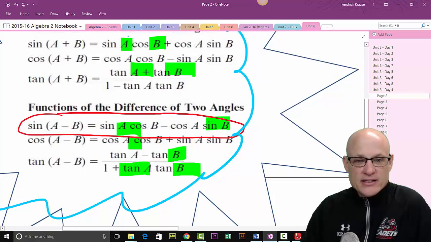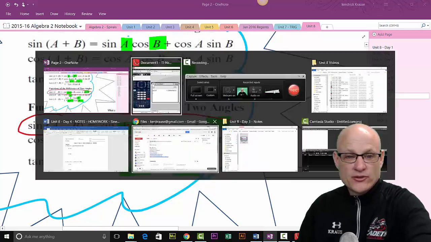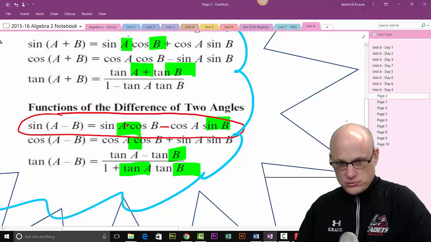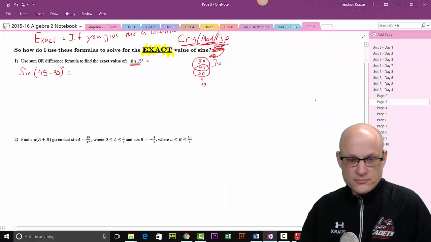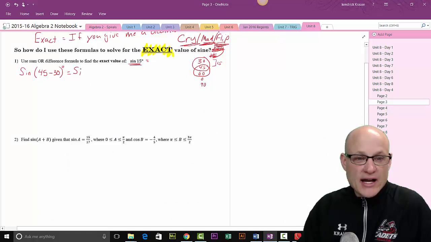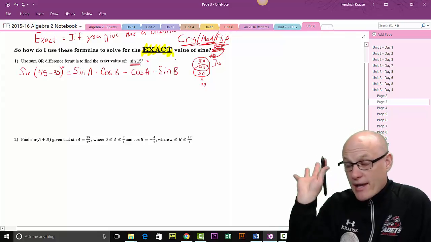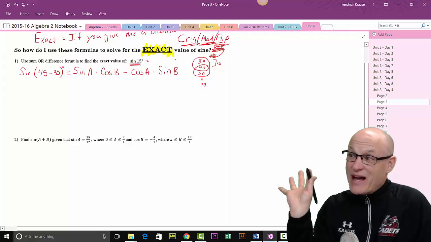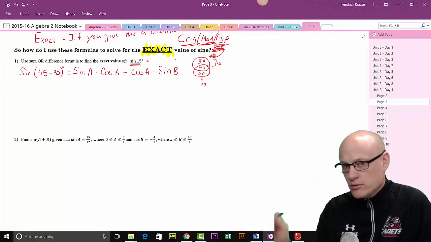You take the sine of A times the cosine of B minus cosine A sine B. So the formula is the sine of A times the cosine of B minus the cosine of A times the sine of B. But Mr. Krause, I don't have an A and B, so sorry, can't do the problem.